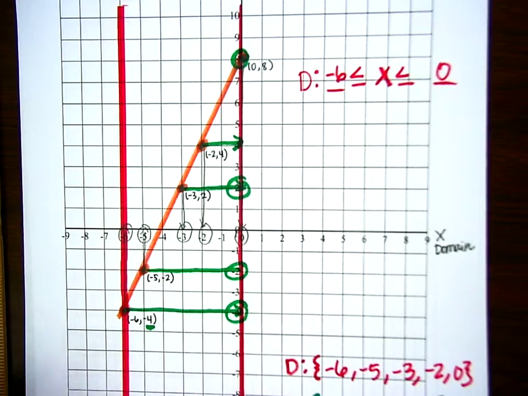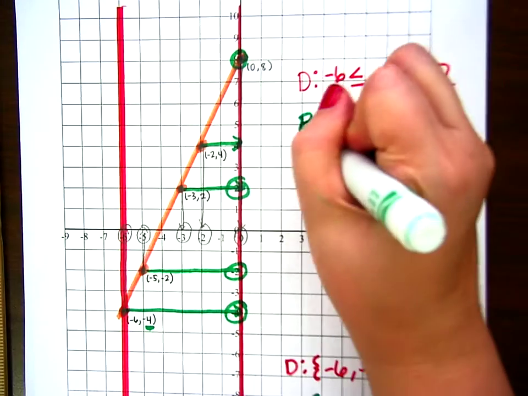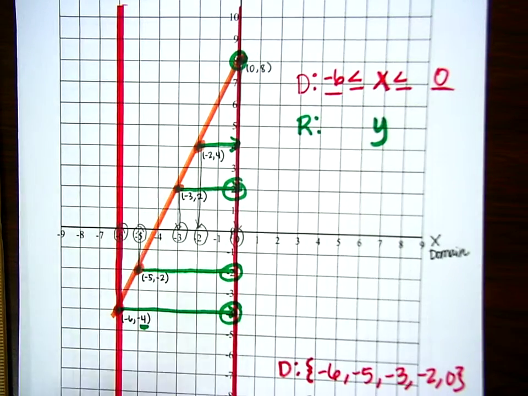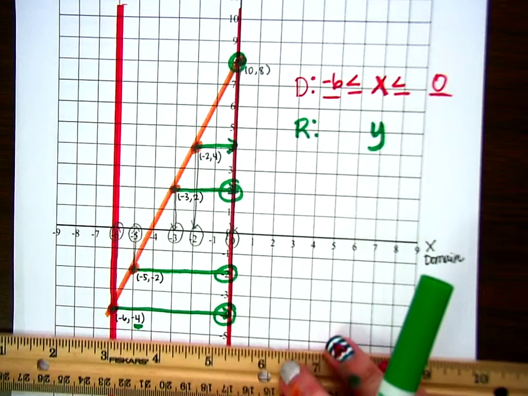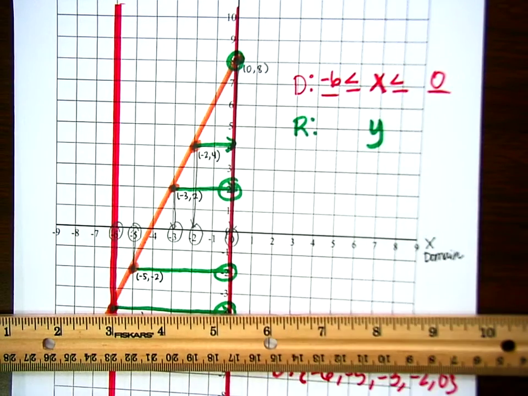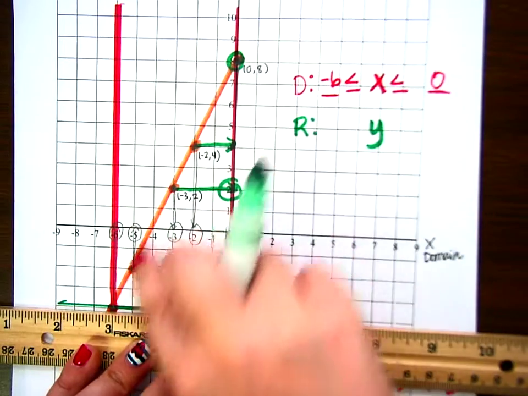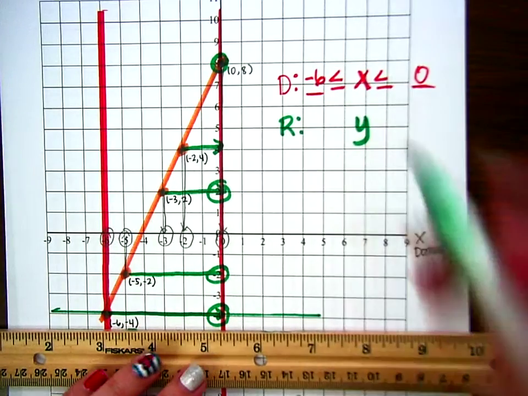Now the range, again, we're going to do basically the same thing, except now we're looking at the y-axis. If I want to find my minimum y value, I've got to start at the bottom. So my minimum y value is going to be right here at -4. That's where my graph starts, at the bottom.